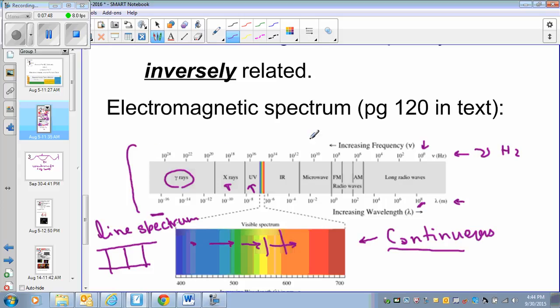You don't have to memorize any of this, you just need to know how to read it. These are the frequencies, these are the wavelengths. As the wavelength increases, the frequency decreases, and the less the wavelength is, the more the energy is. The more the frequency is, the more the energy is.